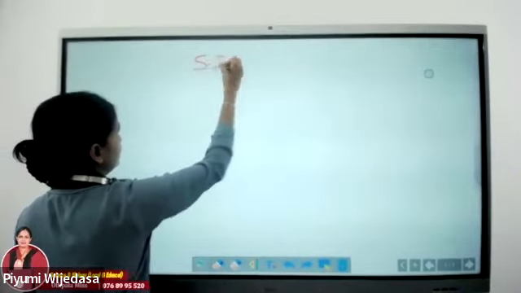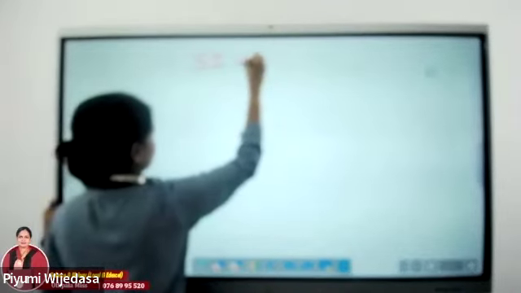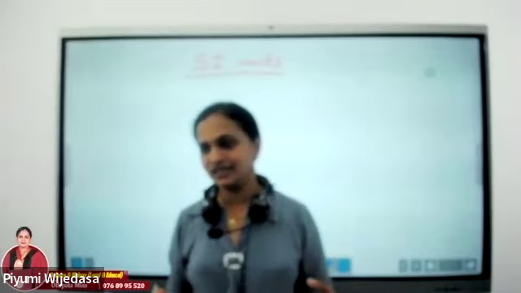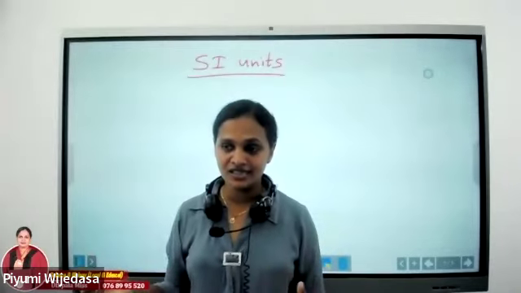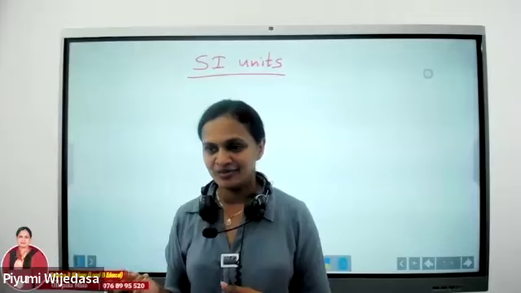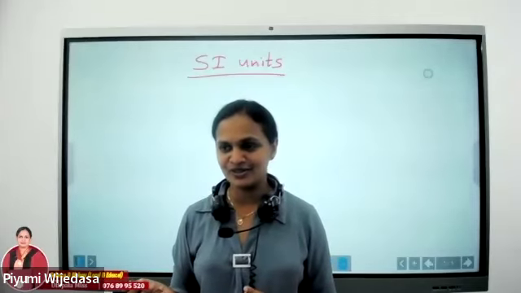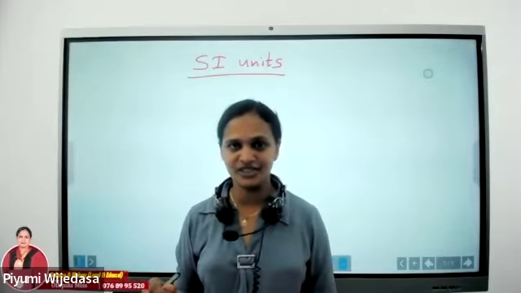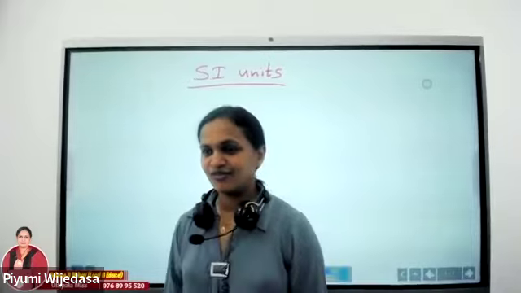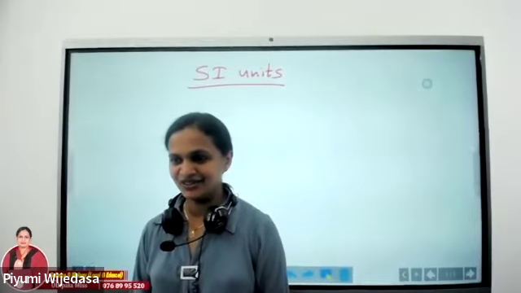International Standard Units. Right? Now, once we say the length, we measure the length in meters, centimeters. The distance is measured in meters, kilometers, likewise. But when it comes to the standard units, the people throughout the world have to use one unit.